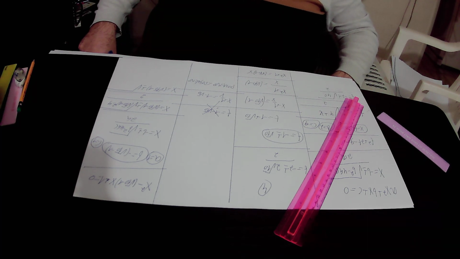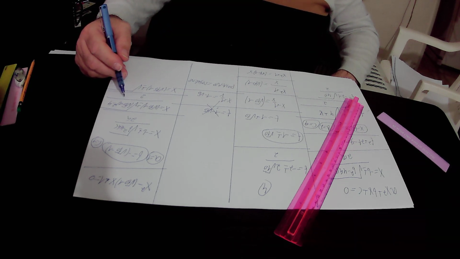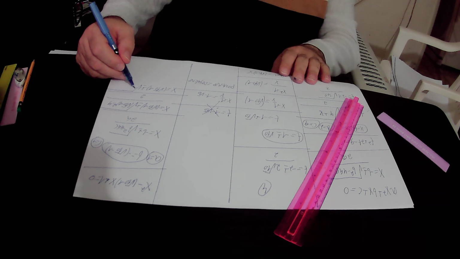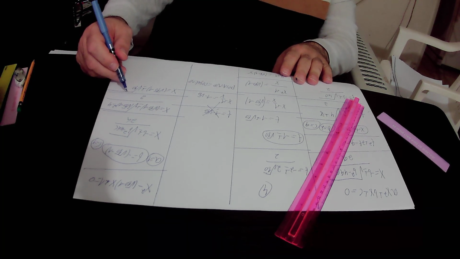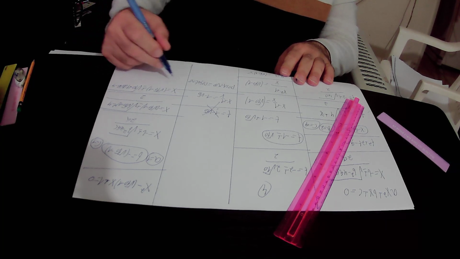We will calculate the value of this expression according to the algebraic identity that states that a minus b squared equals a squared plus b squared minus 2 times ab. A is square root of 10 and b is 1, so square root of 10 squared is 10 plus b squared. B is 1, so 1 squared is 1. Minus 2 times square root of 10 times 1 minus 4, all divided by 2.